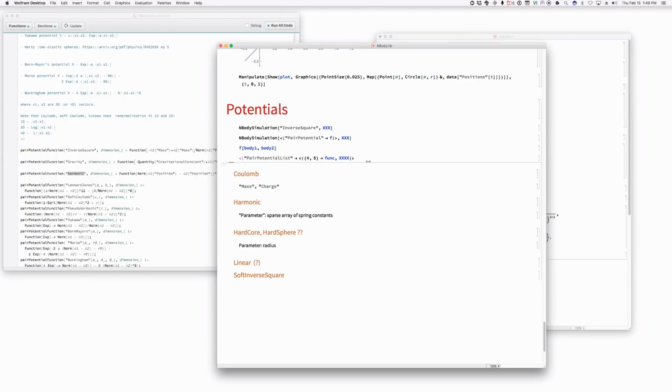Presumably, just like sparse array, these things could be patterns. Okay. But basically they'll have to be processed. Presumably what you mean there, instead of 4 or 5, would be a body name, right? Yes.